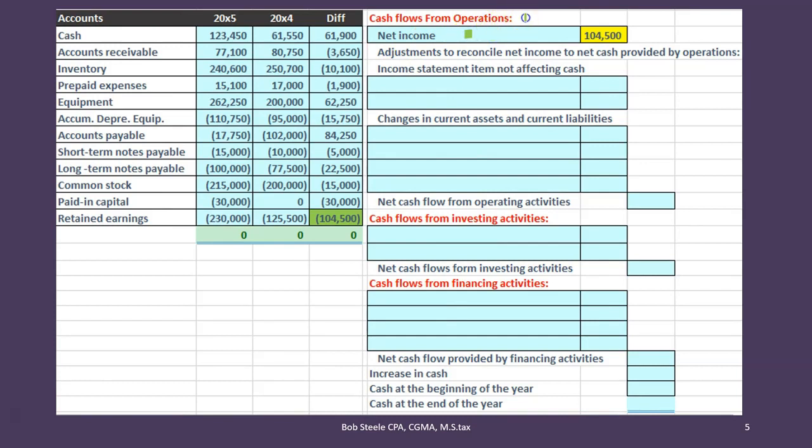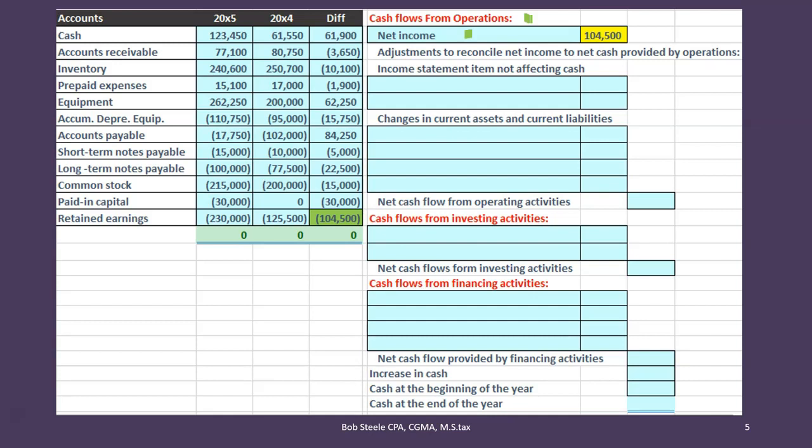Now this has to do with the difference. I want to talk briefly about the difference between the direct method and the indirect method. The cash flows from operations is basically just taking the income statement and converting it from an accrual basis to a cash basis. If I asked someone to convert the income statement from an accrual basis to a cash basis, they would probably try to figure out what revenue is on a cash basis.